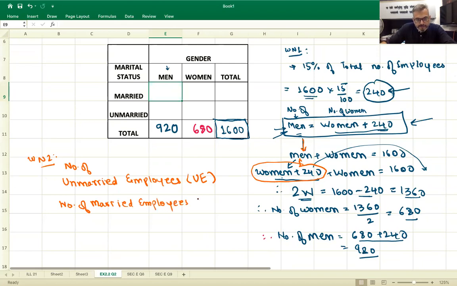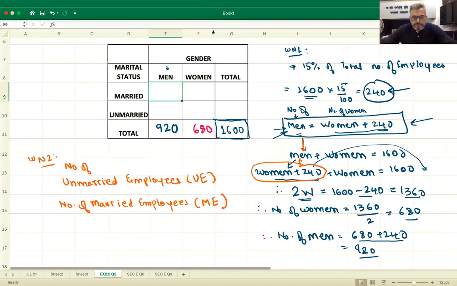There's a printing mistake. So I'll take ME. Can you try this?